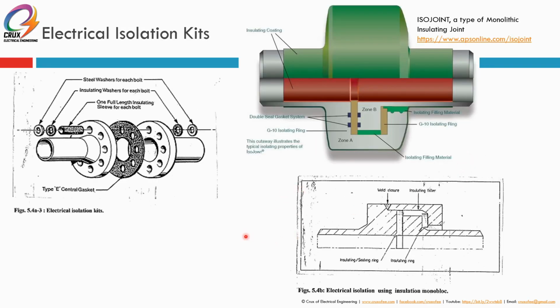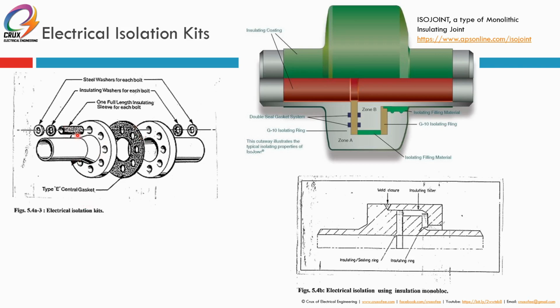This is another component of your cathodic protection, which is your electrical isolation kits. So here you have your insulating flange. Between these two pipelines, there will be no electrical connection because you are using an insulating gasket.